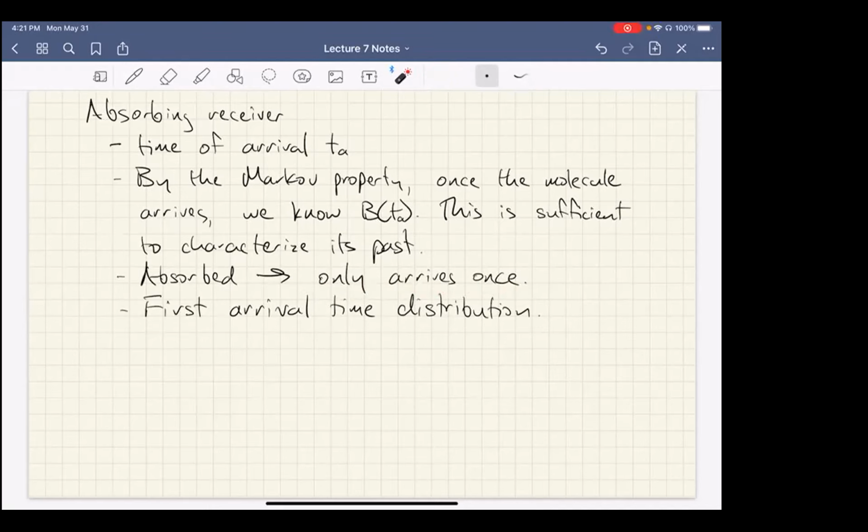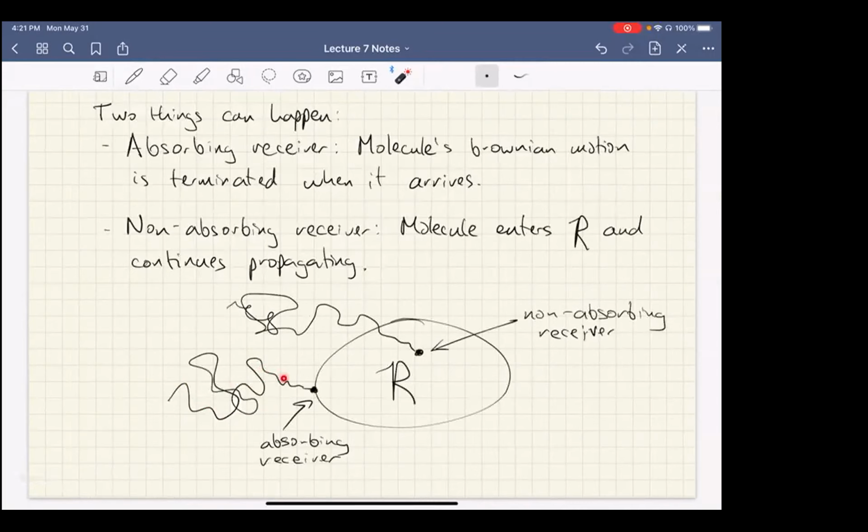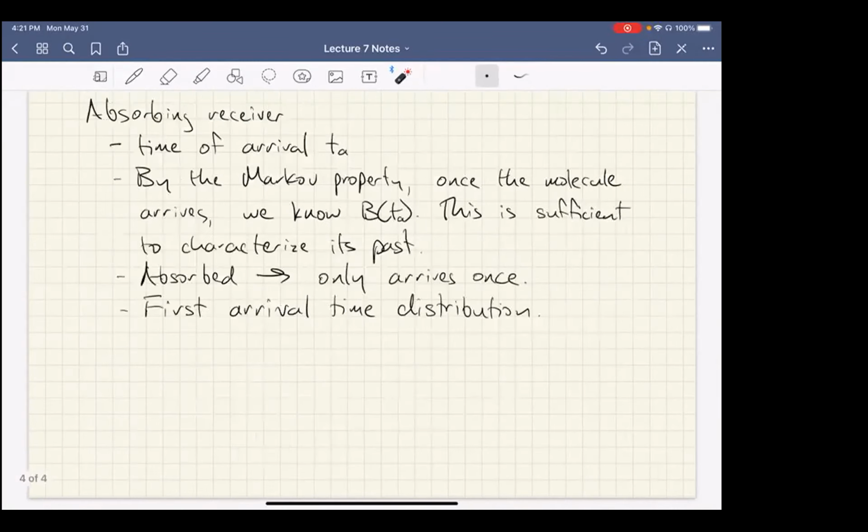What do I mean? Well, if we go back to the previous page, this guy comes along and arrives here, then it's stuck, it's absorbed, so it doesn't come back. I don't have to worry about it coming back. So it only arrives once, which means I only care about the first arrival time. If I know the first arrival time, then by the Markov property, we know everything we need to know about its past because we know its time and position.